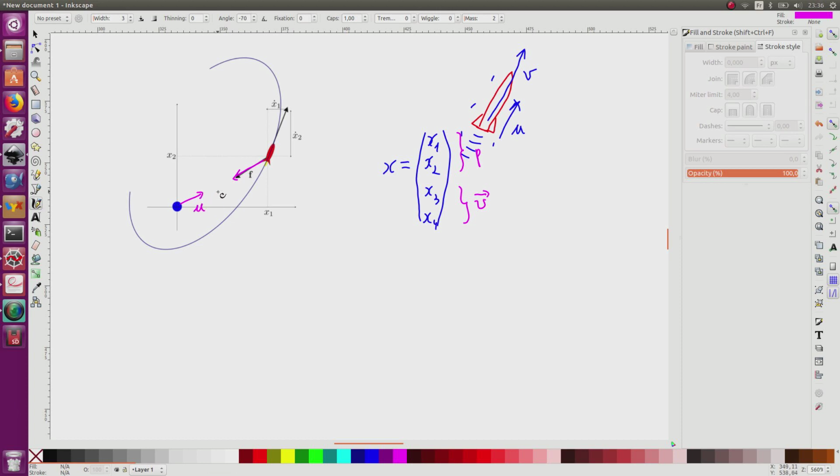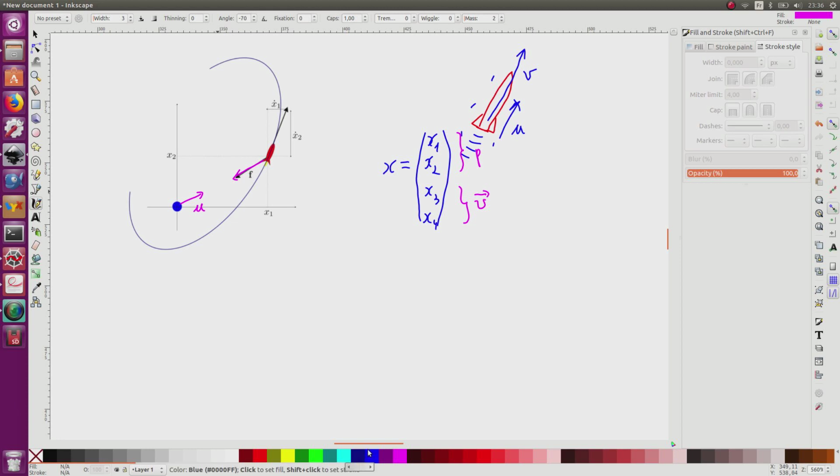The vector u is directed along the line joining the center of the Earth and the satellite. The magnitude of this force is proportional to the product of the gravitational masses, the mass of the Earth and the mass of the satellite, and inversely proportional to the square of the distance between them. This corresponds to Newton's universal law.